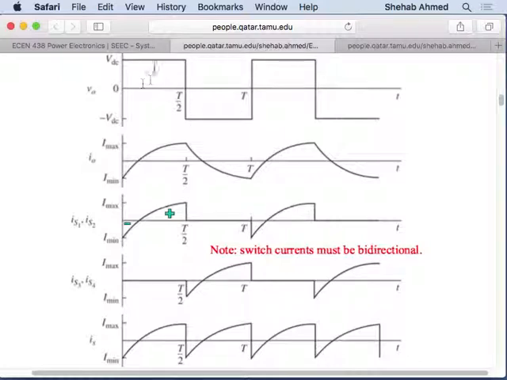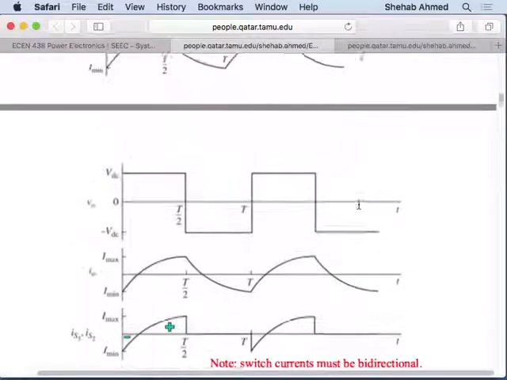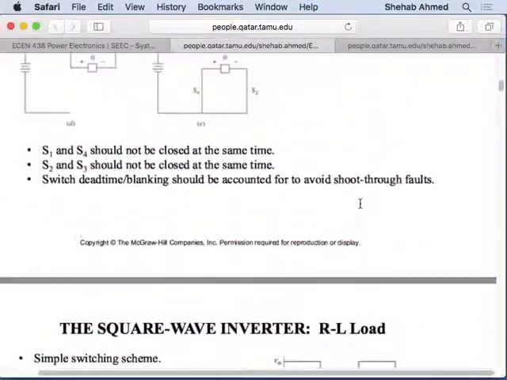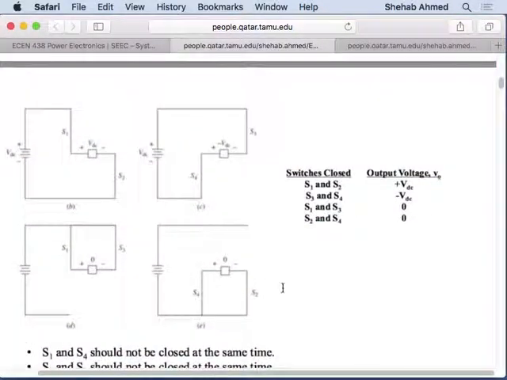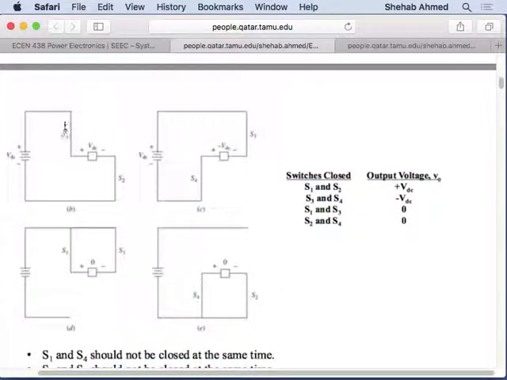Because here, for that time, that means I'll have 0 in my voltage, and then maximum, then 0 and then minimum. For the dead time, let's see. You will have both switches off. So this switch will be off, and this switch will be off, right?